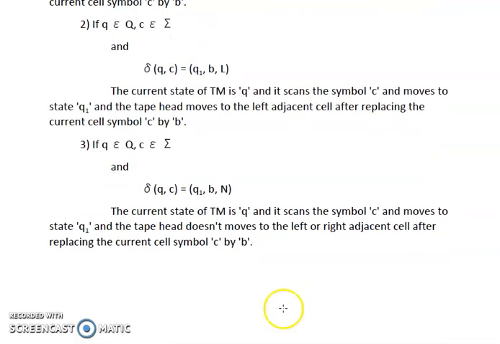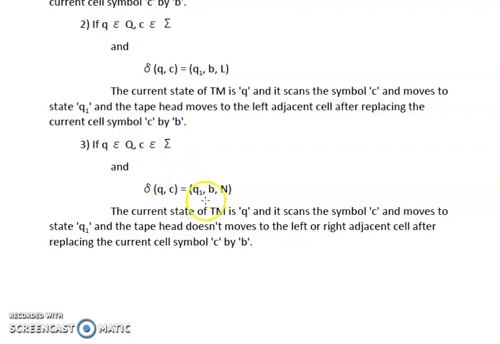Now, the third operation that can be performed is doing nothing, not moving in the left direction or the right direction. So over here currently we are on the state Q and we are reading an input symbol C from the infinite tape.